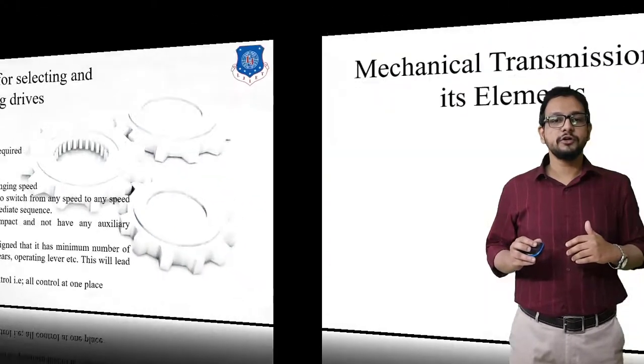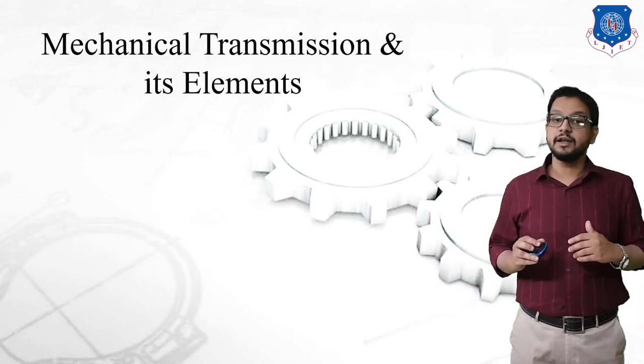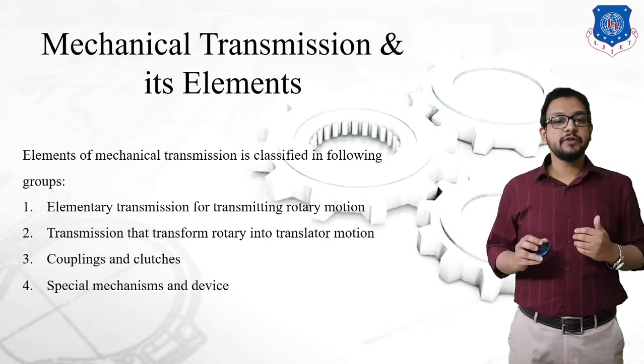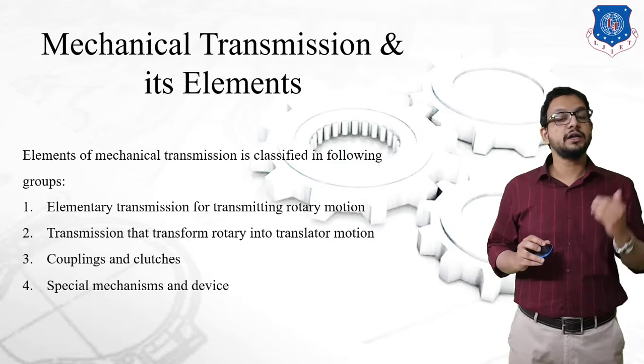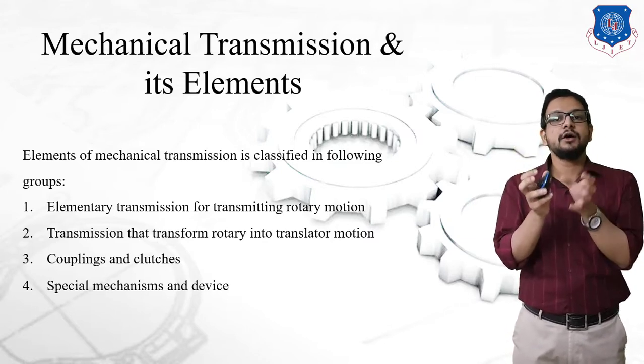Let us proceed further. Let us start with our first type of drive, that is mechanical transmission and its elements. Okay, now the elements of mechanical transmission are classified into the following groups. So the first is elementary transmission for transmitting a rotary motion. That is a drive which is going to transmit a rotary motion.